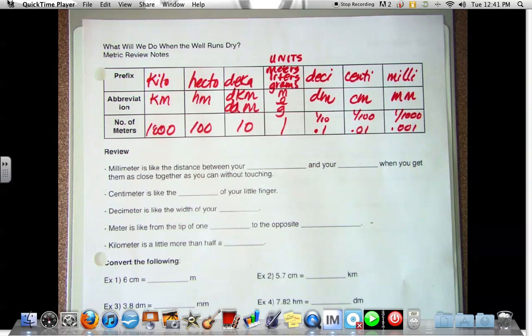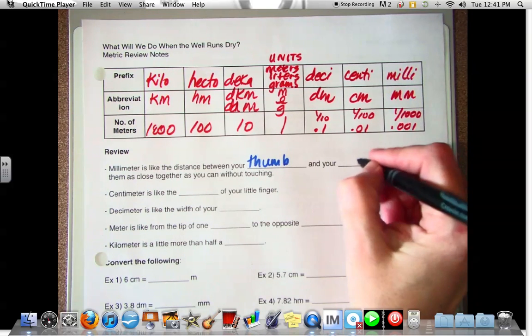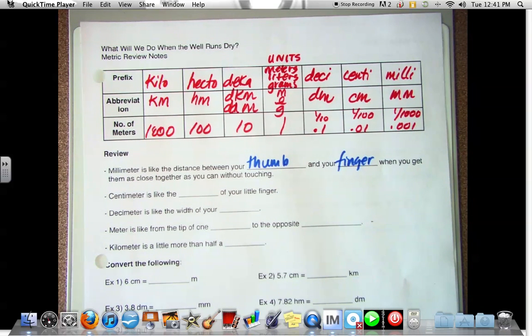A millimeter is like the distance between your thumb and your finger when you get them as close together as you can without touching. So bring them together till just before they're touching. Barely a space there. That's a millimeter.